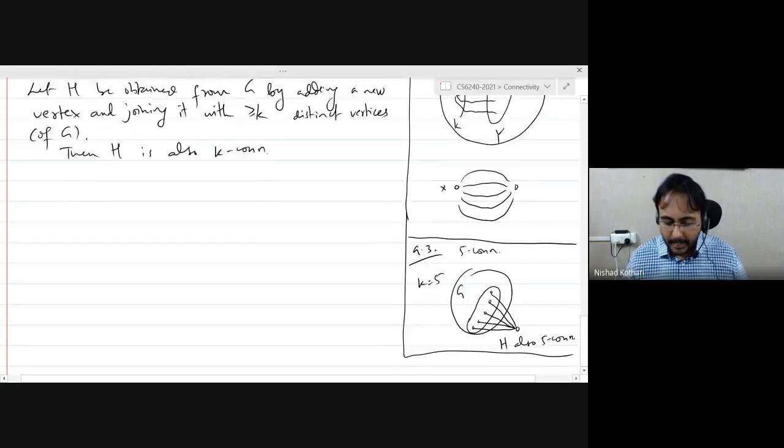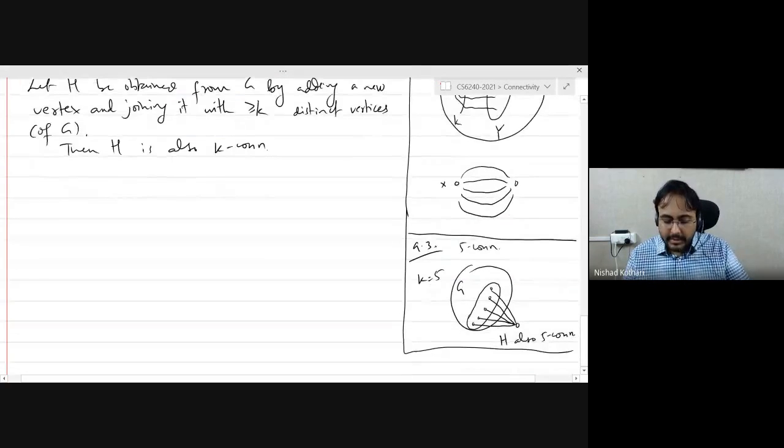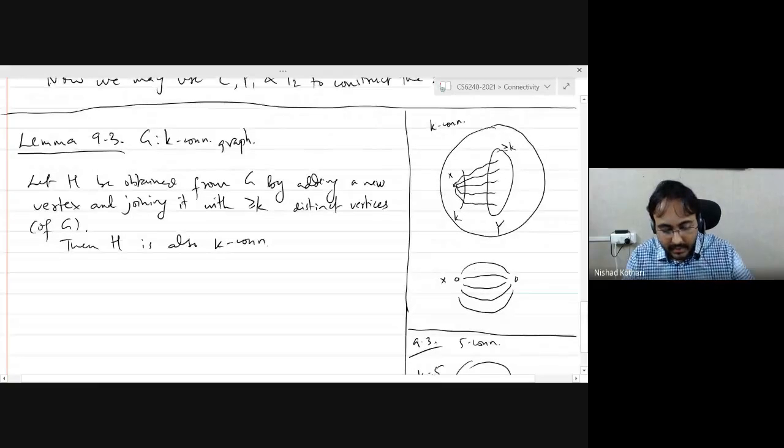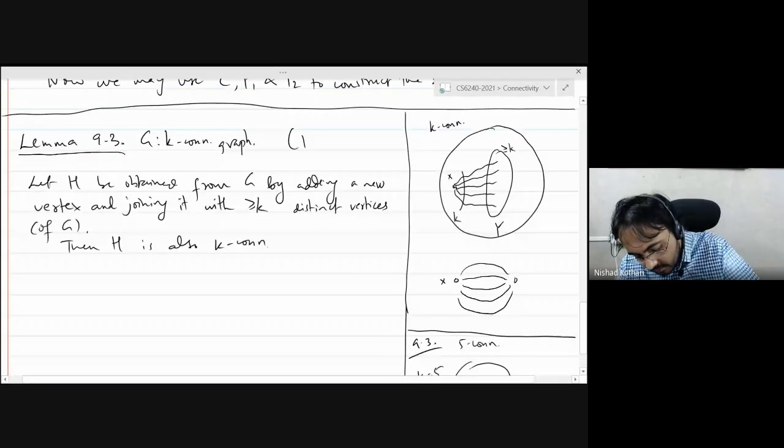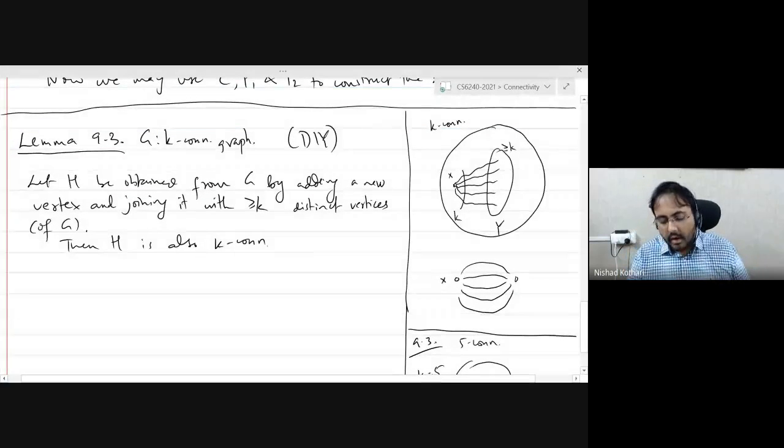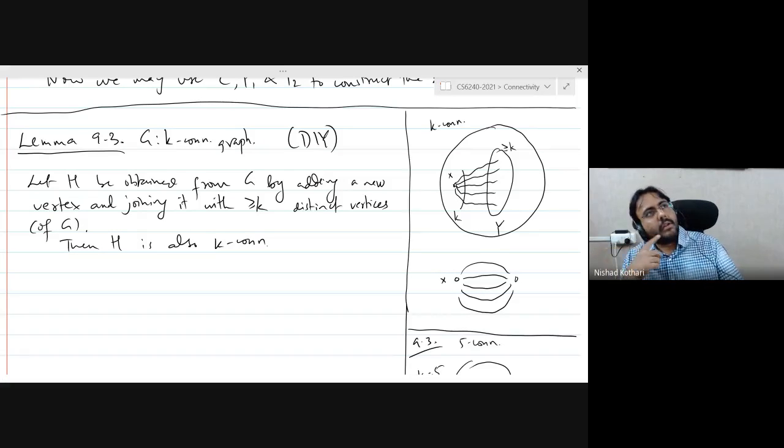Okay. So we are going to use this lemma, and this lemma is an easy exercise.